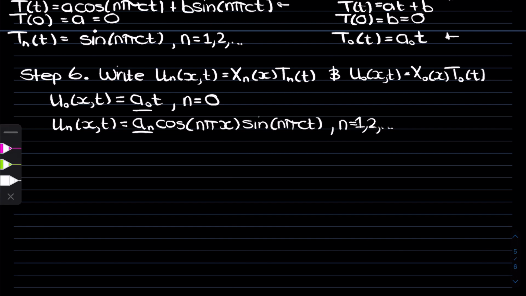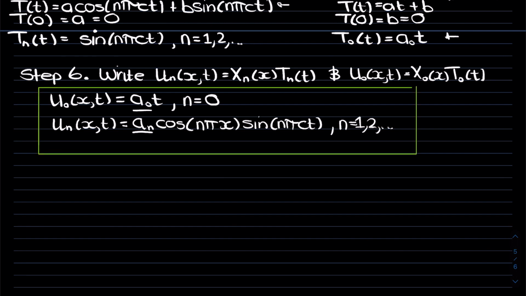I'm going to put a box around these because these are pretty important. And then we'll just make sure we write in some constants a naught and a n. So this solution takes into account all of our homogeneous conditions so far.